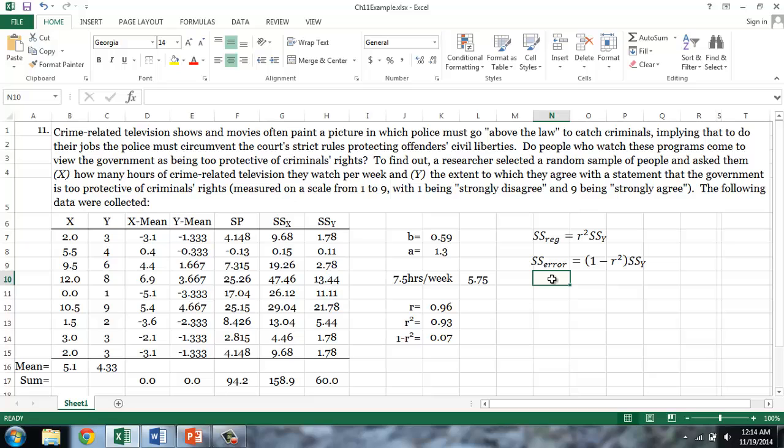The sums of squares for a regression analysis are the sums of squares for the regression and the sums of squares of the error. These utilize the sums of squares of the y deviations and our coefficients of determination and non-determination.